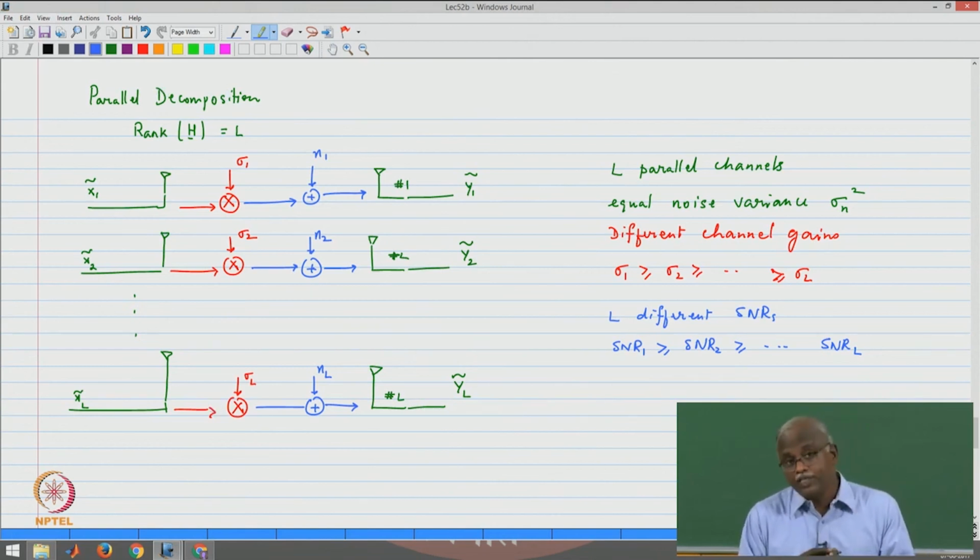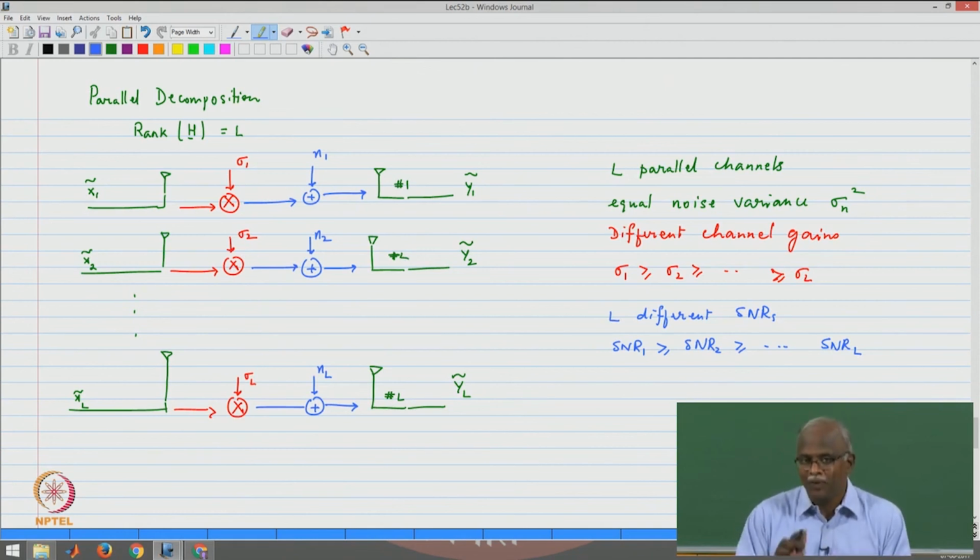Now, notice that once you have done the parallel decomposition, it is also easy for us, because each of these channels has a corresponding SNR. We can of course calculate the channel capacities, because we know that the capacity is related to the SNR of the channel. So, the beauty of the SVD process is that it has enabled us to separate the channels into parallel channels.